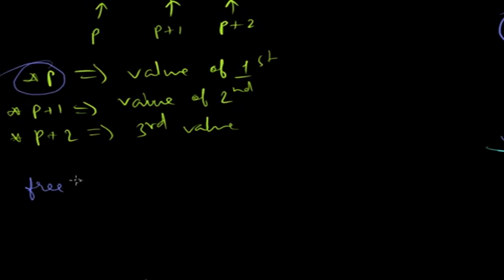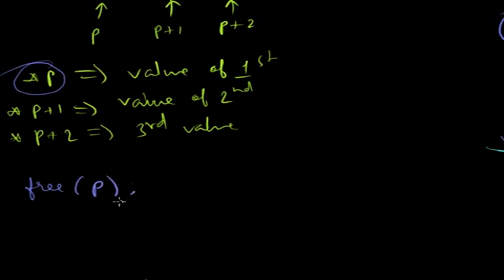If you have no use of that memory, you should always free any occupied memory, because memory is like money for computers. When it's free, it's good for the computer. The computer runs fast. So for free, we have to pass the pointer. Don't pass the value. Always pass the address. Pass pointer means you should pass the pointer only.